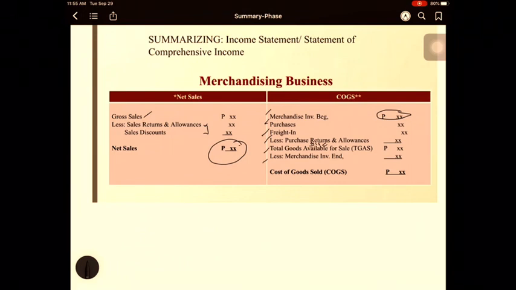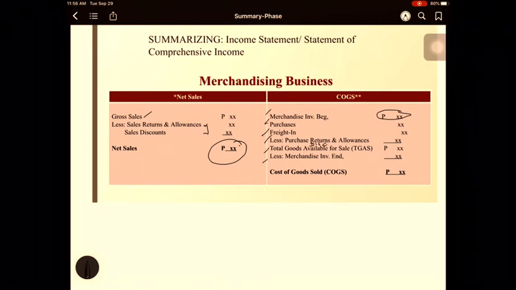Now of course, if the business applies the periodic method of inventory, it uses the temporary accounts purchases, freight in, your purchase returns and allowances, and your purchase discounts.